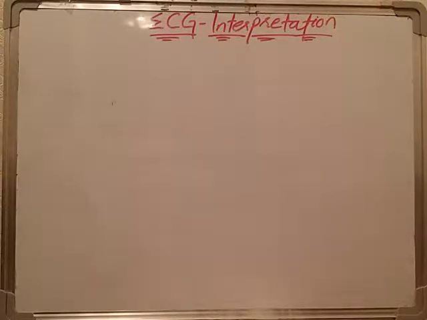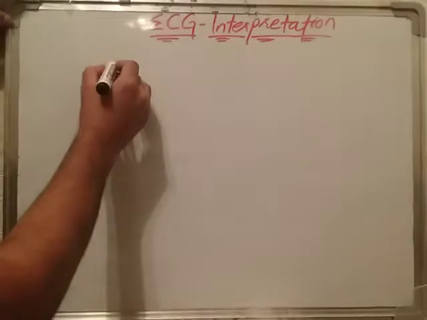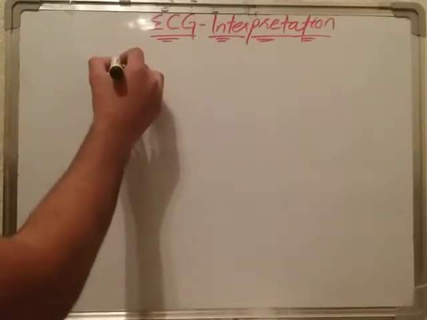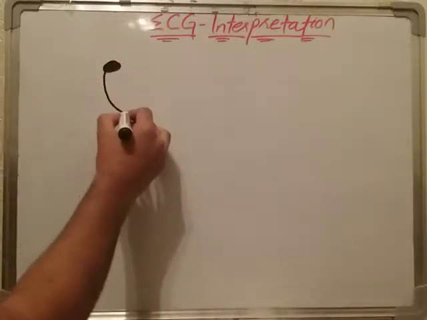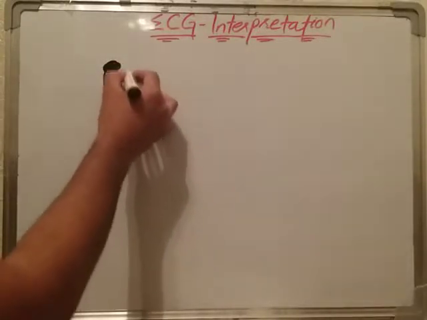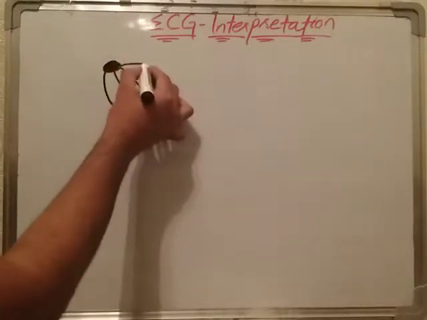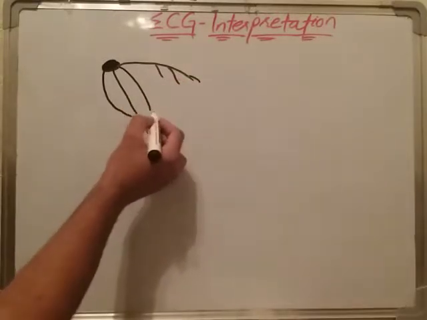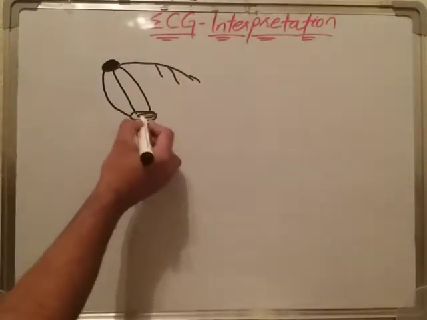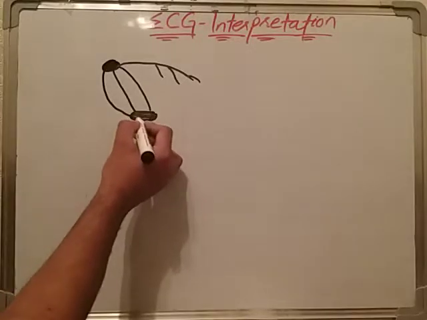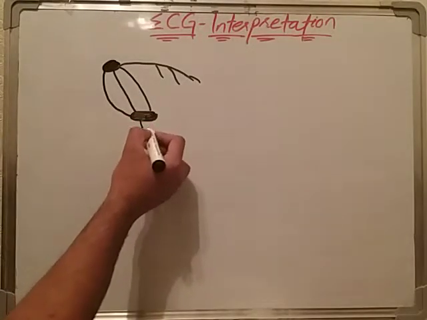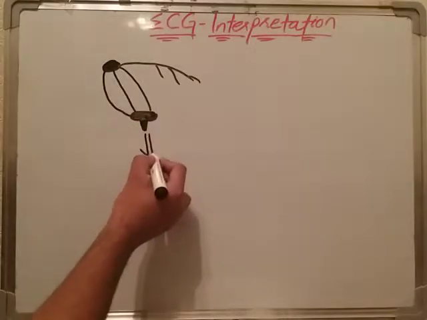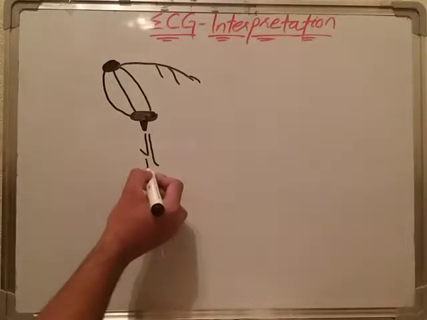As we know, the automaticity is generated by the SA node, then the internodal pathways and Bachmann's pathway, and here we have the AV node, and then the bundle of His, and after that the right and left bundle, then the Purkinje system.